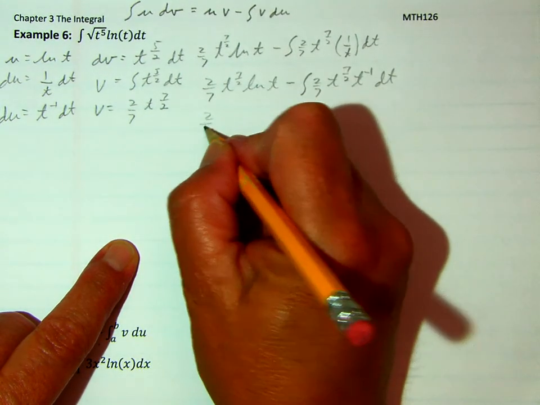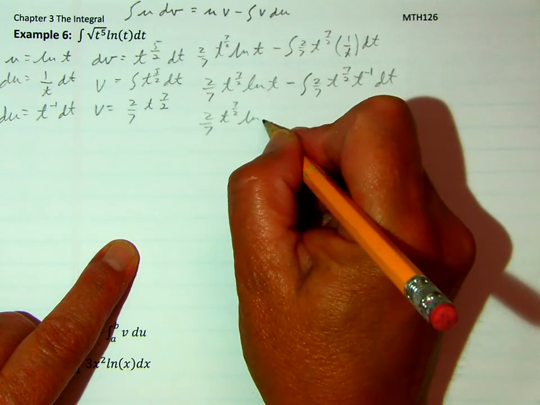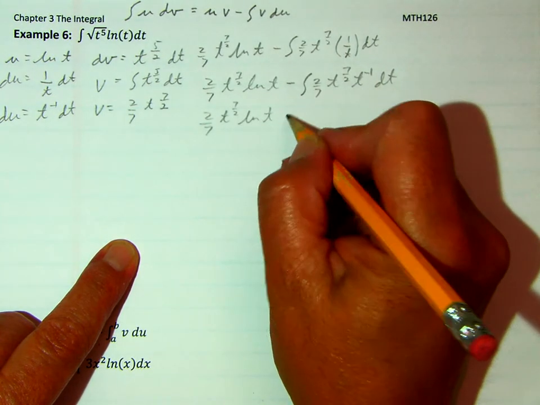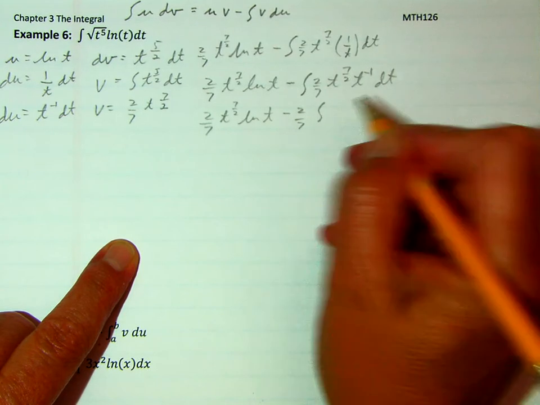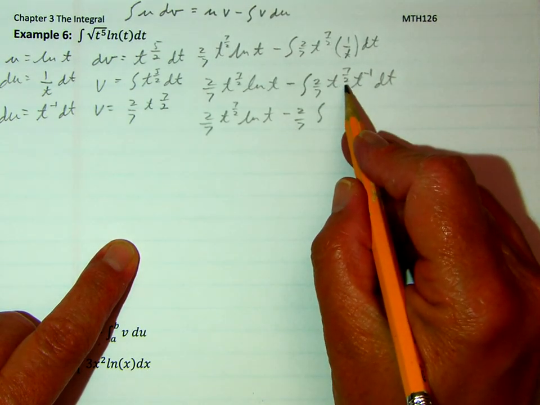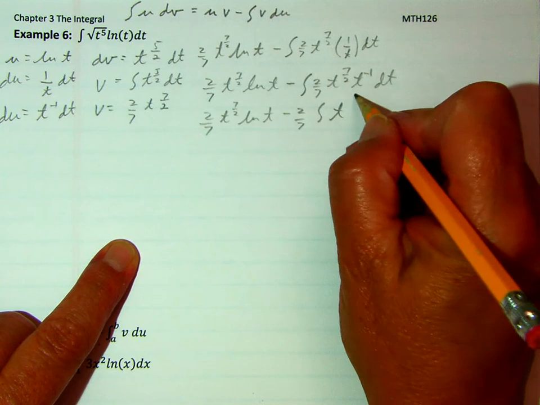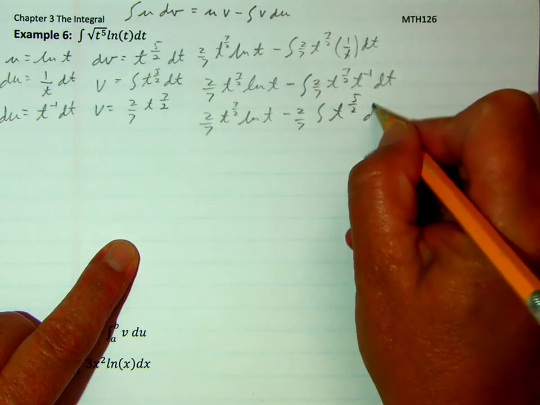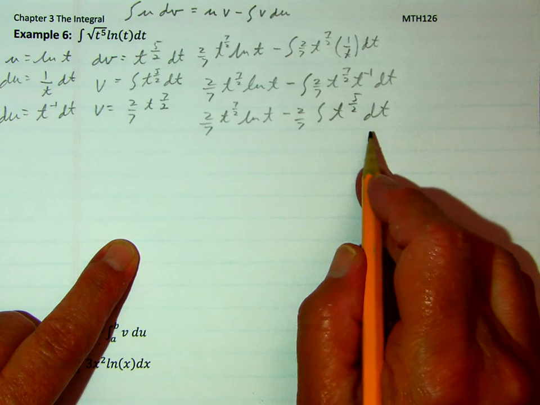So we have 2/7 t to the 7 halves natural log of t minus, and I'm just going to go ahead and pull this 2/7 out, the integral of t to the 7 halves times t to the negative 1 would be t to the 5 halves dt. And now this is going to be a piece of cake to integrate.